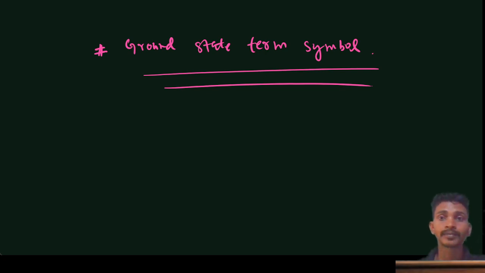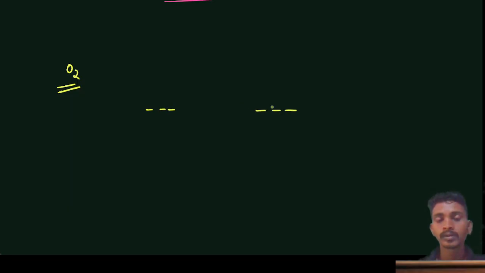First condition is that it has to be G. Let's take examples to understand more. Let's take O2, which we discussed in the previous class. Here the configuration is 2s2 2p4, with oxygen on both sides, so 4 electrons.